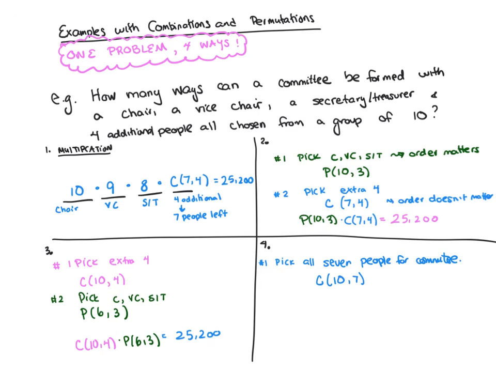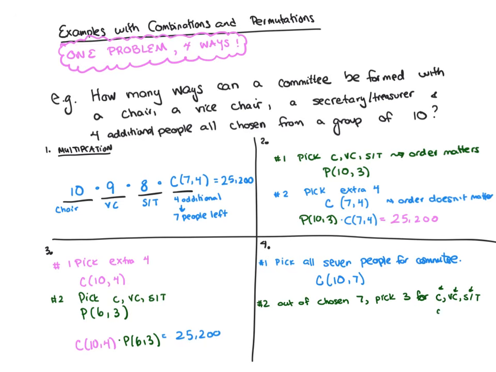And then out of the chosen 7, pick 3 for the chair, the vice chair, and the secretary treasurer. Now, whoever I pick first will become the chair, second will become the vice chair, and third will become the secretary treasurer.